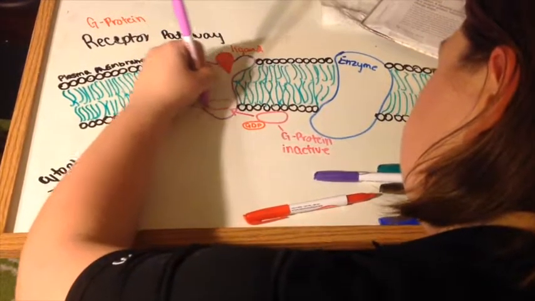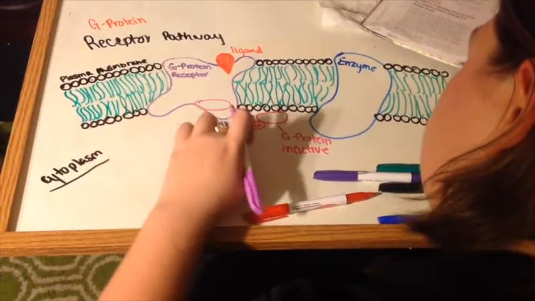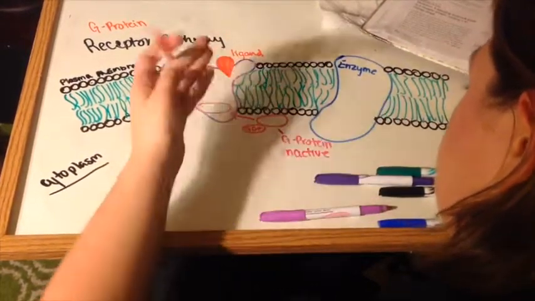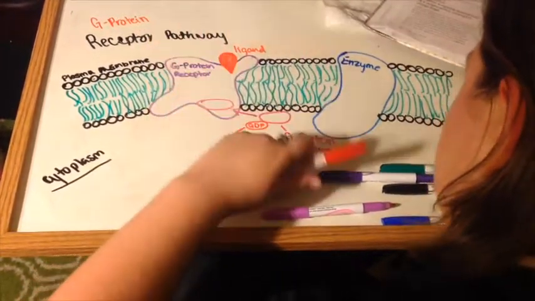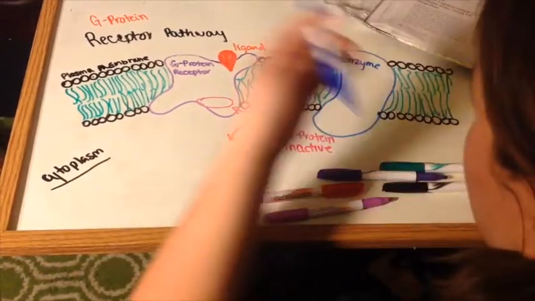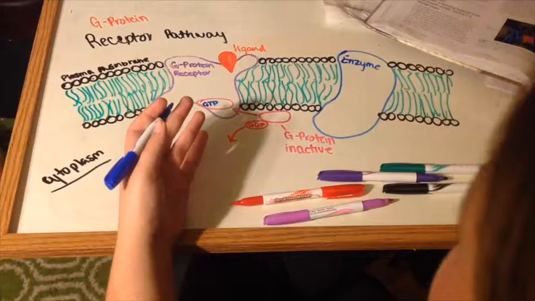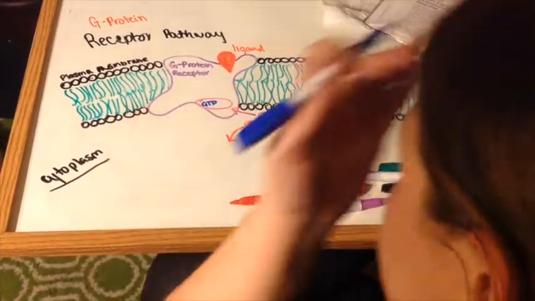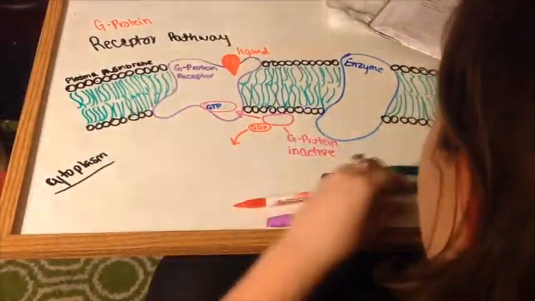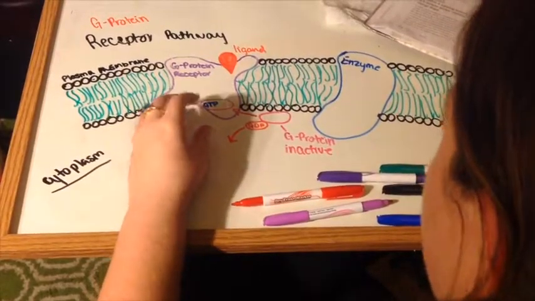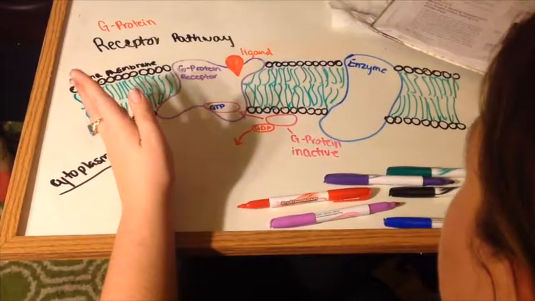And so you're going to have your G protein in here. And it's going to drop this ADP, so this little guy's going to come down here. And what it's going to do is it's going to attract or make a GDP. And GDP is very similar to ATP, which is just energy. And so this causes a shape change in the G protein receptor.